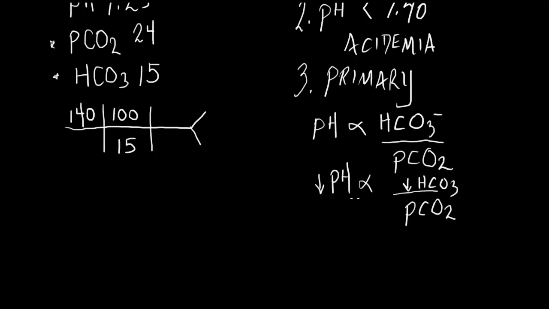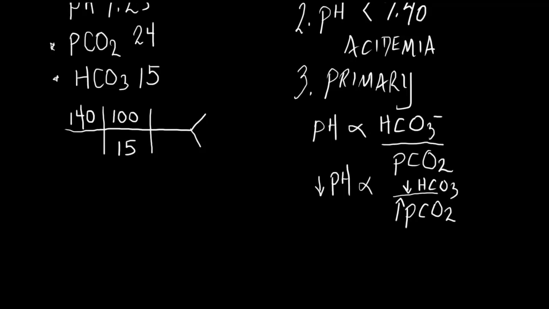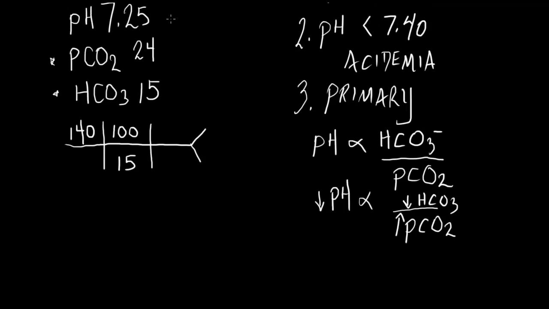The only other way we could have a decrease in pH is if we have an increase in PCO2. And in this particular case, our pH is low, our PCO2 is low, and our bicarb is low. So the only thing that makes sense within this particular formula is that the bicarb has to be low for the pH to be low.